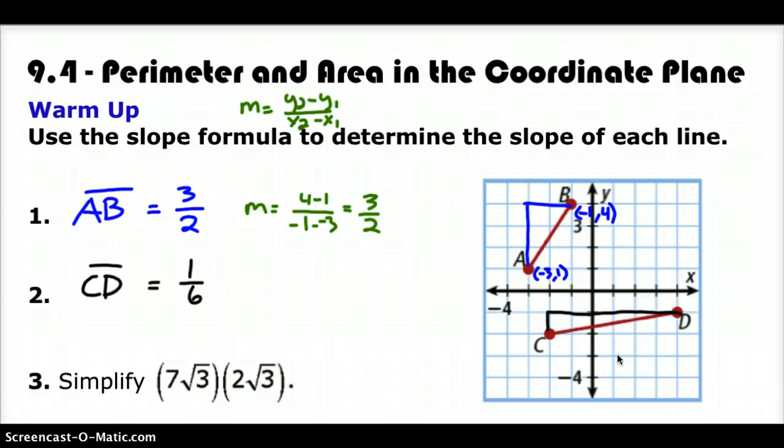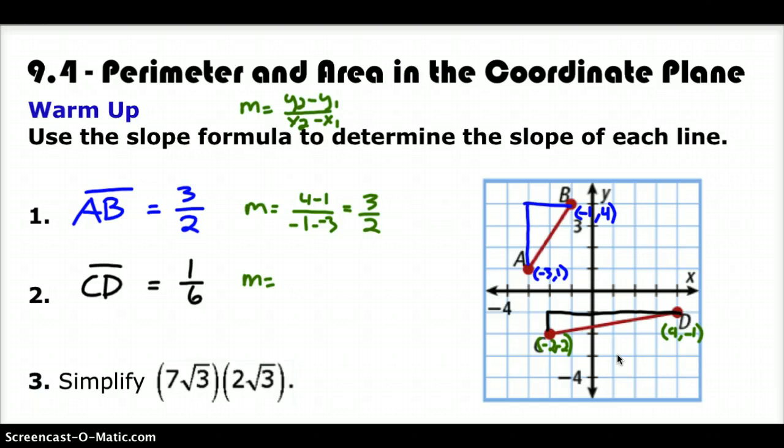Or I could just go ahead and use our slope formula here. So this looks like (-2, 1) for C. And for D, it looks like (4, -1). And so I will just find the slope this way as well. So I'll do, let's see, D to C here.